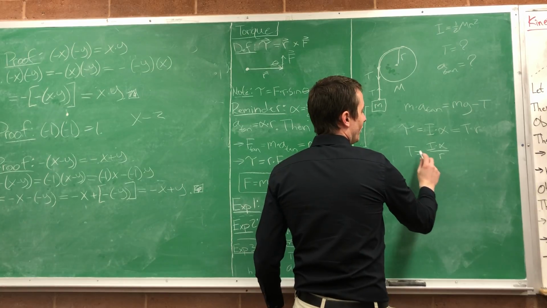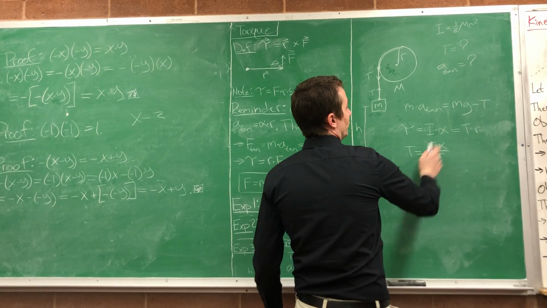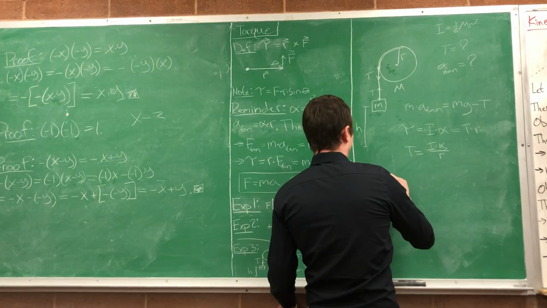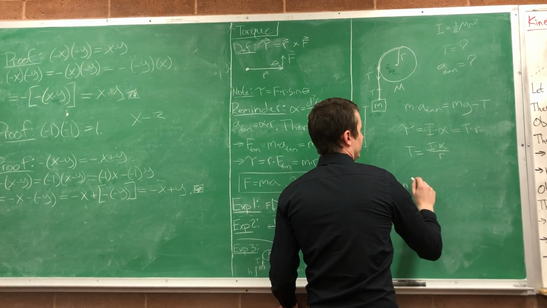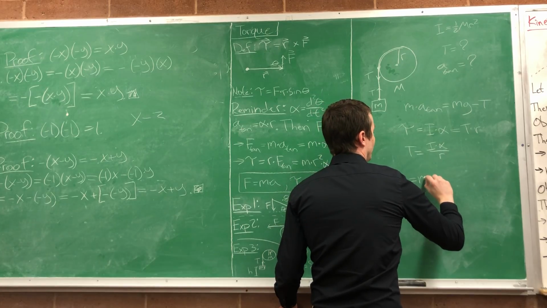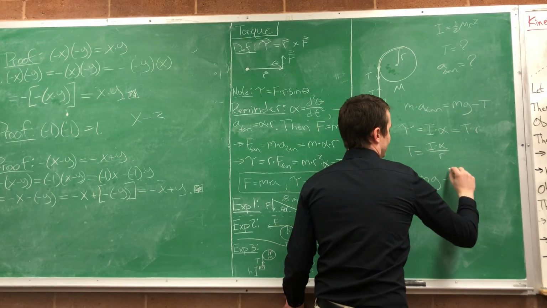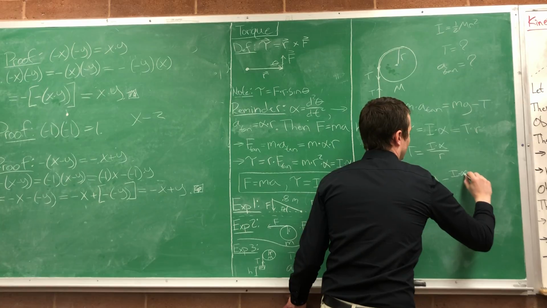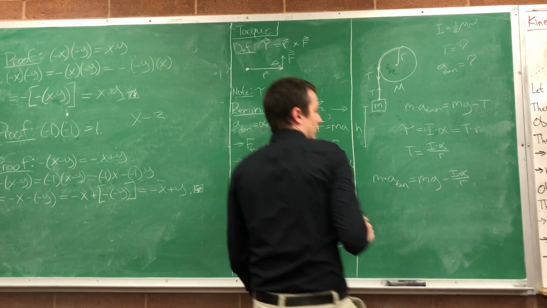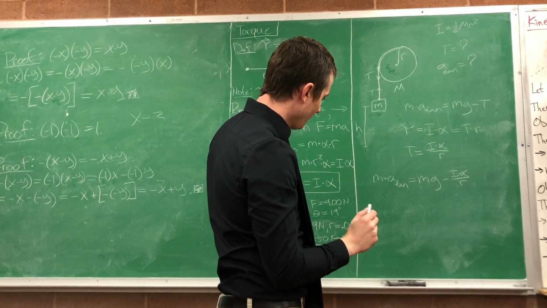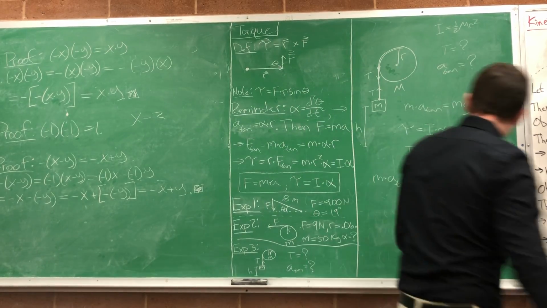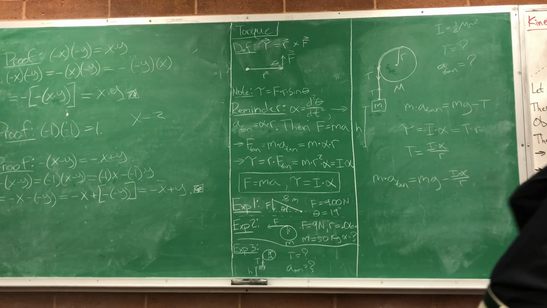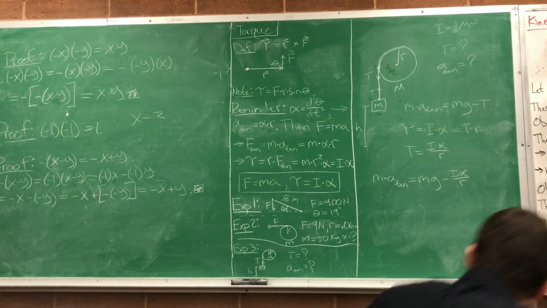I know T is equal to that, so plugging in up here, I know m times our tangential acceleration is equal to mg minus T. Maybe our alpha will go out as we plug in some of these things. So I'll plug in my moment of inertia and keep playing with it.